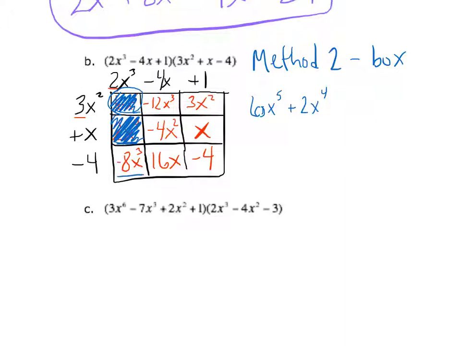Now, x to the third is the next biggest, and we're going to combine those. Negative 8 and negative 12 is negative 20x to the third, and then scribble it out. Okay, now we have negative 4x squared and positive 3x squared, which is going to be minus 1x squared, and you can actually just write that as minus x squared if you like.